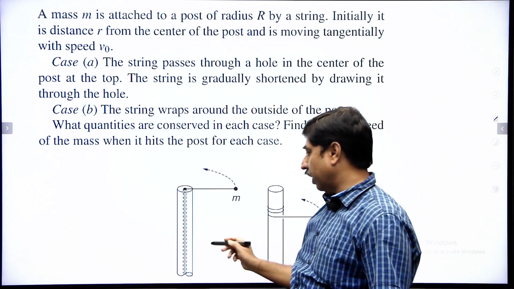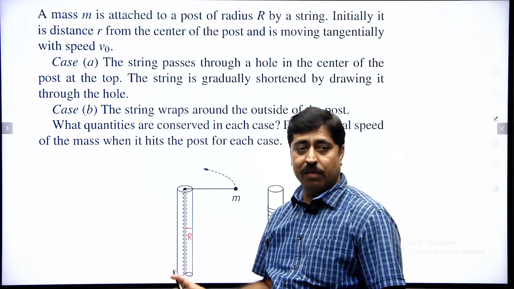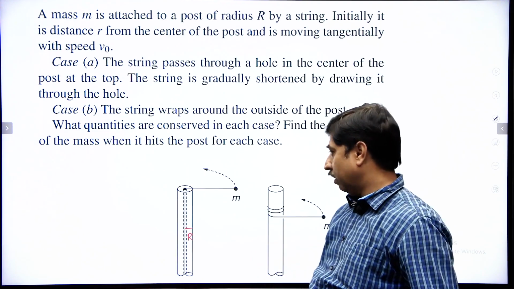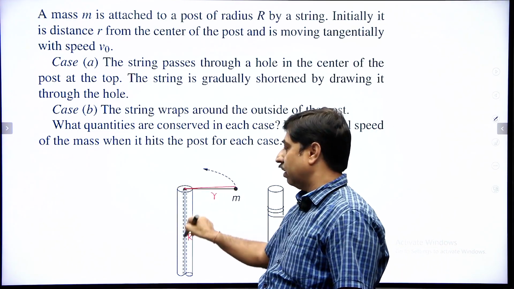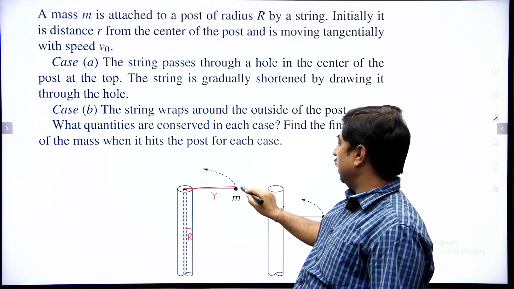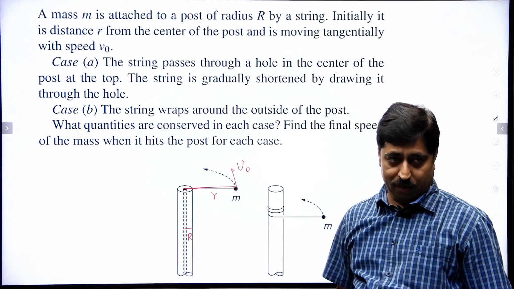Now, students, please take note. This radius is capital R. This is a cylindrical pipe kind of thing, and the radius of that pipe is capital R. And this mass is initially at a distance of small r from this central axis. At a particular instant, this mass has a tangential speed of v naught. This is what the question says.